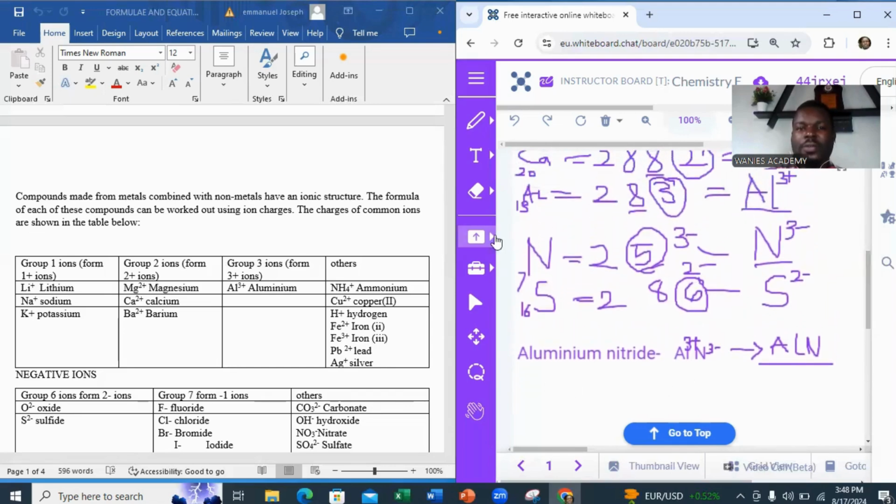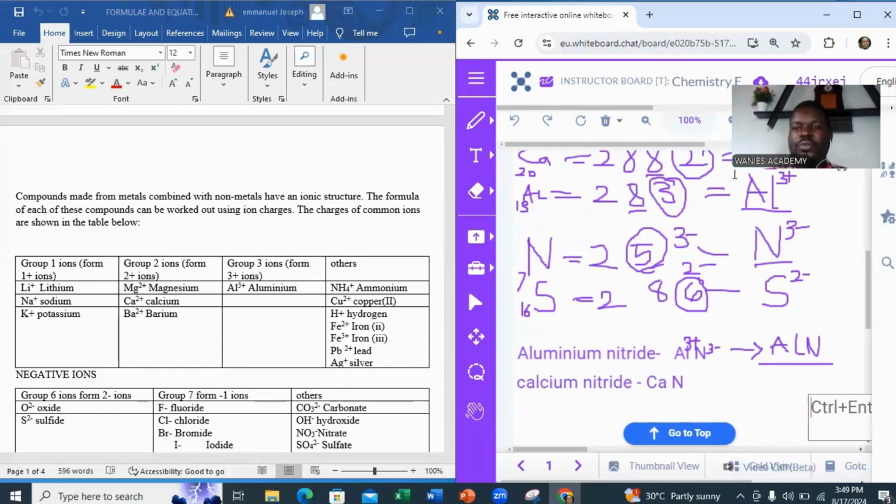What about where we have things like calcium nitride? How do we write the formula for calcium nitride? We already established that calcium has a symbol of Ca, and nitride is N. Now I want you to look closely at this.